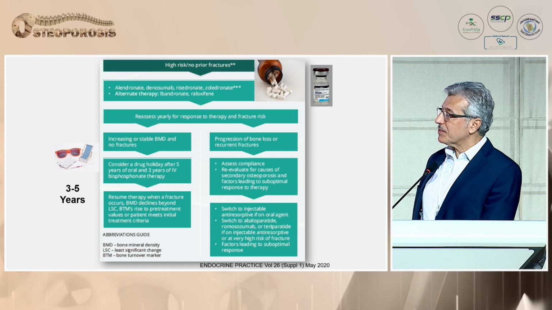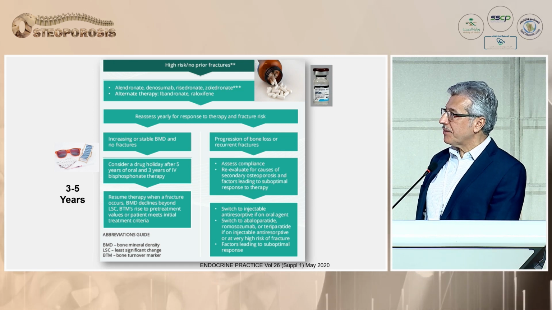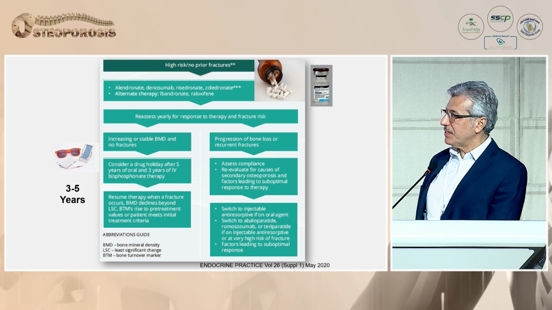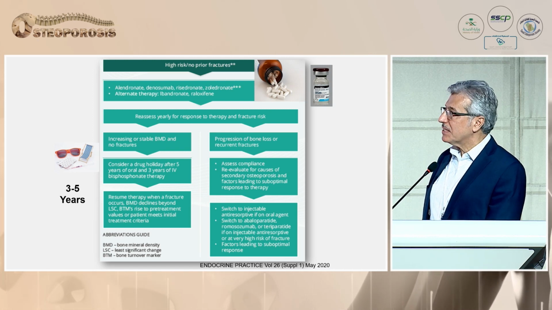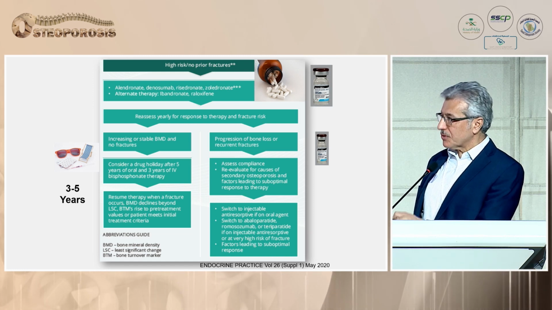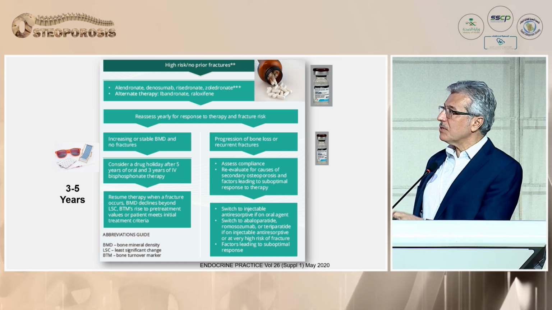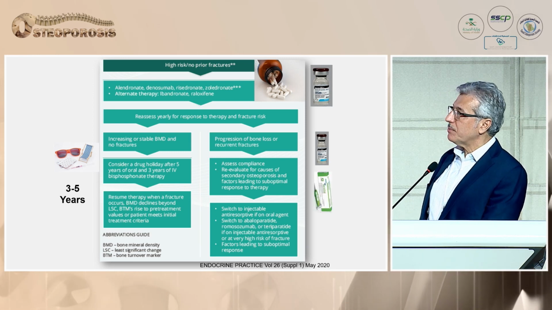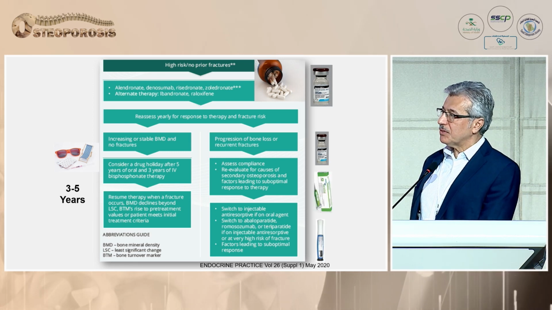And if they are responding well, then 3 to 5 years of therapy is enough: 3 years of IV, 5 years of oral. But if they're not improving or if they develop any further fractures, then we go to a stronger anti-resorptive like IV zoledronic acid or denosumab, or even consider anabolic.